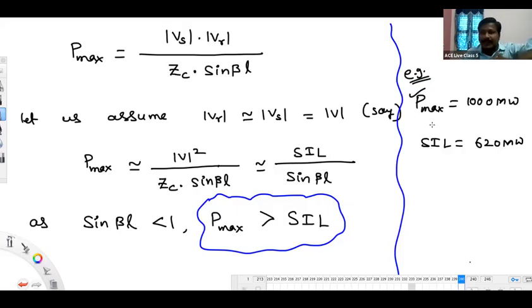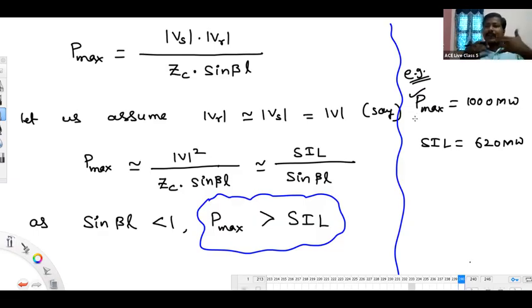Less than P maximum means I can keep 620 megawatts as the SIL number, or I can keep above 620 also, but it should be less than 1000.